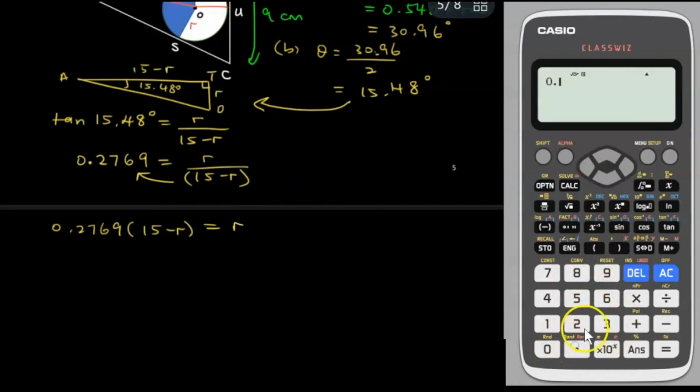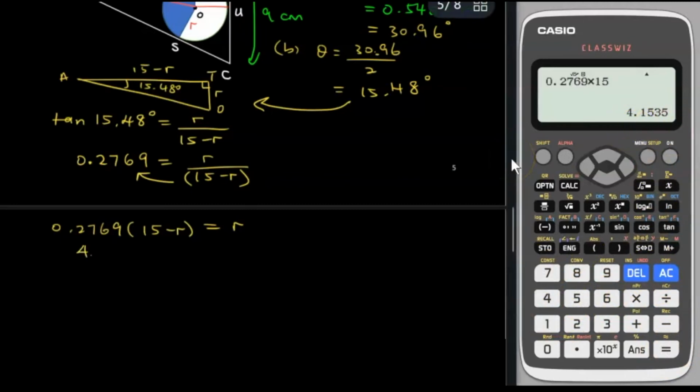So 0.2769 then times with 15. So we will get 4.1535. So 4.1535. Okay, then after that, minus 0.2769 R, okay, equals to R. So 4.1535, so we move this over to the right.